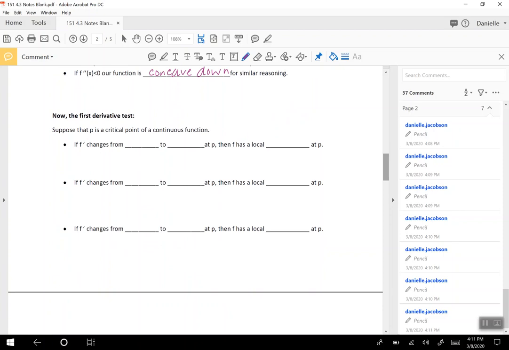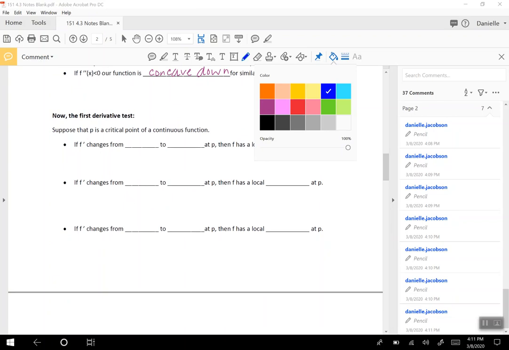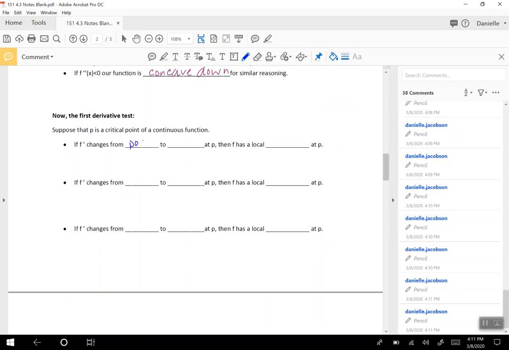Okay, so with the first derivative test, if the derivative changes from positive to negative at point p, so at some critical point p, which is specified up here, then f has a local blank at p. All right, let's think about this. Our slope changes from positive to negative at some point p.